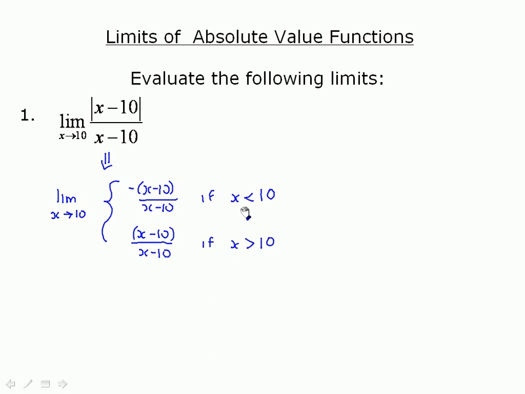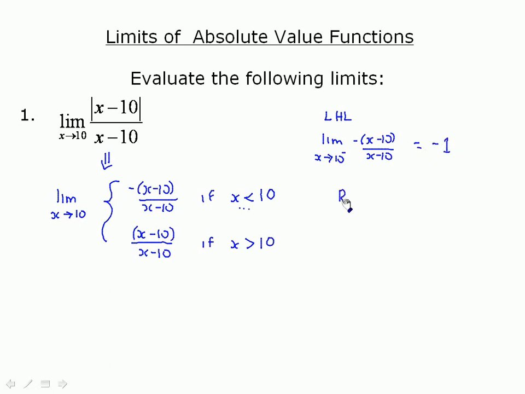So the negative would be when you're approaching from the left side. And then you do the left and the right-hand limits. So the limit of negative (x minus 10) over x minus 10 as x approaches 10 from the left, well, you're going to see that you can divide out by a factor of x minus 10, and this limit is simply going to be negative 1.